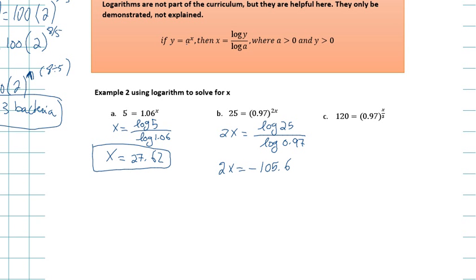Divide by 2. So x equals negative 105.6 divided by 2. So that's going to be negative 52.8.